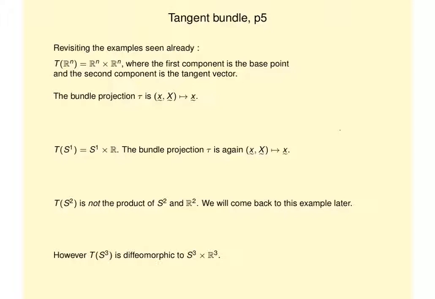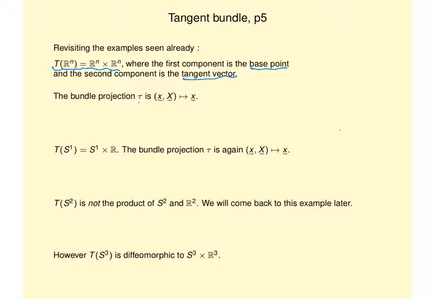So I want to run through the examples again. The tangent bundle to Rn is Rn cross Rn, and of course we built that in right at the start by saying that our charts would take values in open subsets of Rn cross Rn. The first component is the base point, and the second component is the actual tangent vector.